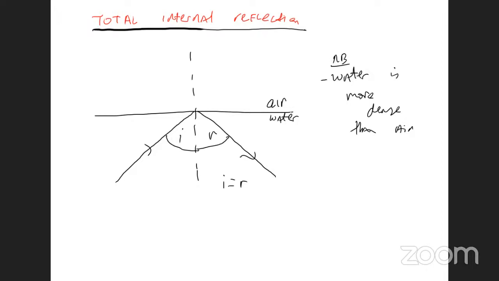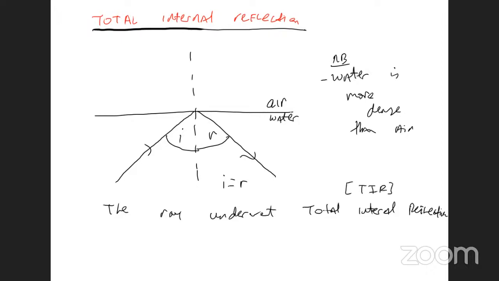Right? So this ray underwent total internal reflection. And I'll call it sometimes TIR. Okay? So the ray underwent total internal reflection. And the reason it underwent that, two reasons.